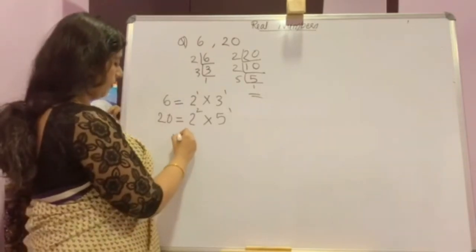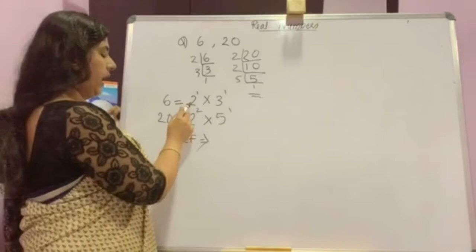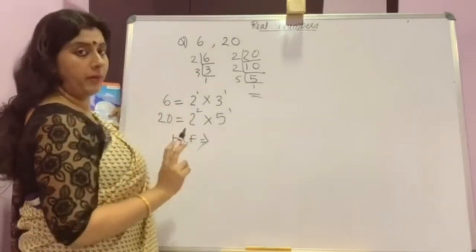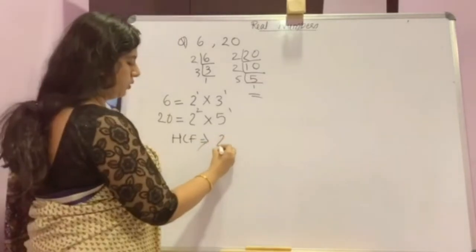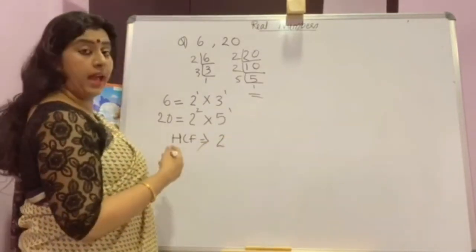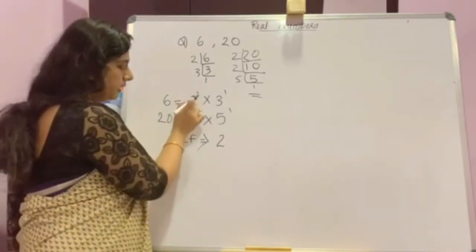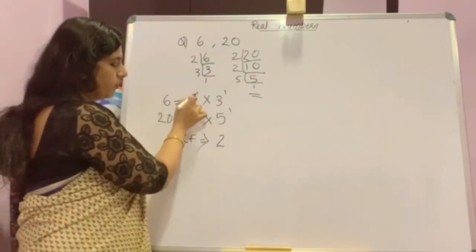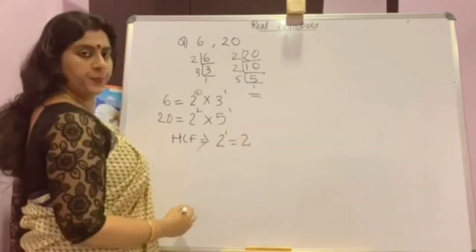Now in the case of HCF, we have to consider only the common factor. Here the common factor is 2. So write 2 here. Now we have to take the smallest power among them. Here the smallest power is 1. So the HCF is 2.